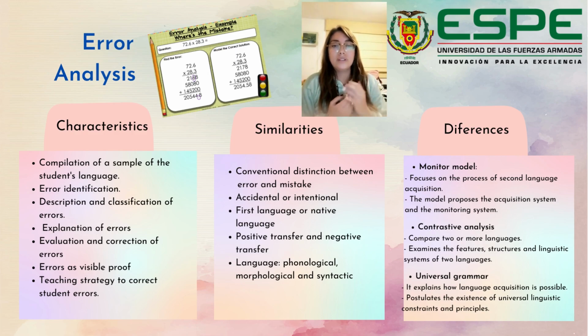In the similarities, we have the following: the conventional distinction between error and mistake, accidental or intentional, first language or native language, positive transfer or negative transfer, and phonological, morphological, syntactic and systematic aspects.